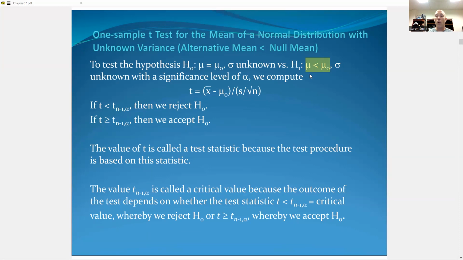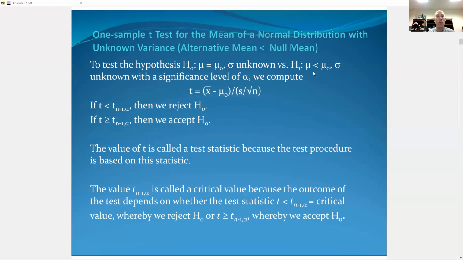Here our alternative is that the unknown population average is strictly less than a particular hypothesized value. And then the null hypothesis is that the true population average is greater than or equal to the hypothesized value. Now, when sigma is unknown and I have a normal distribution, instead of normal, I'm going to use the t distribution. And here is my t test statistic.